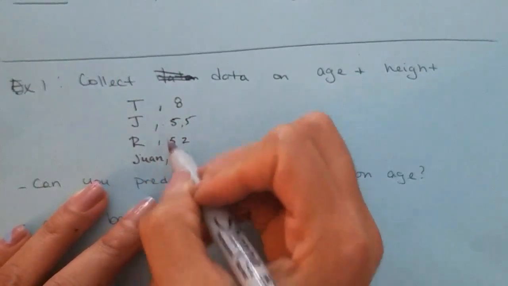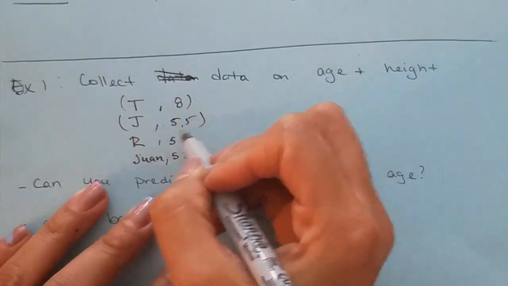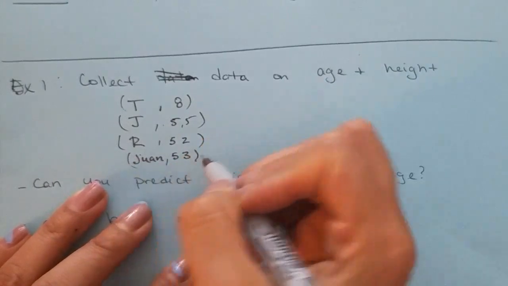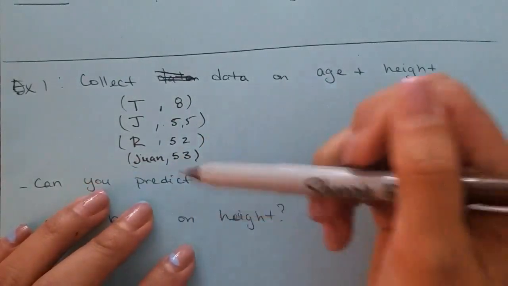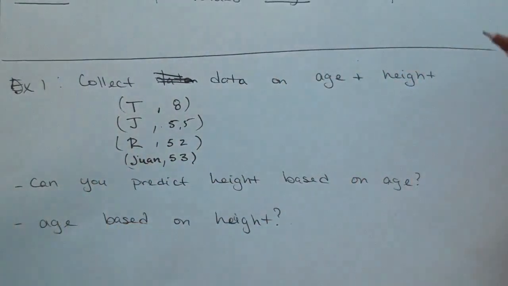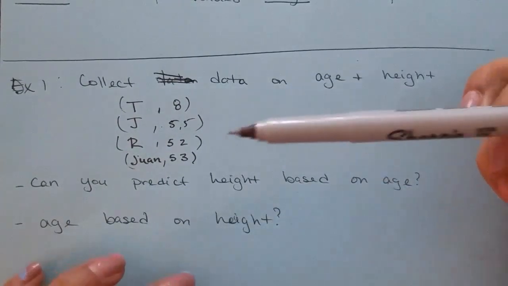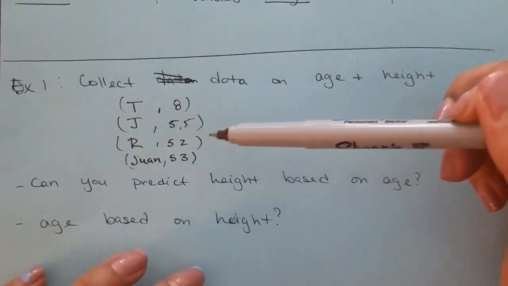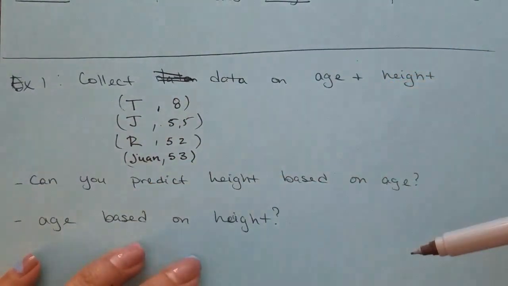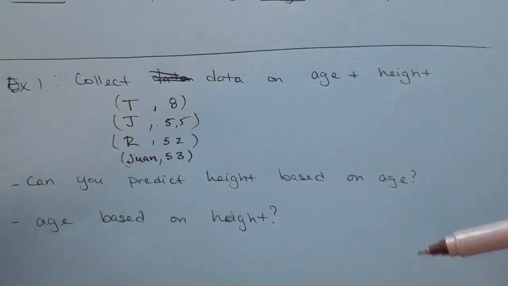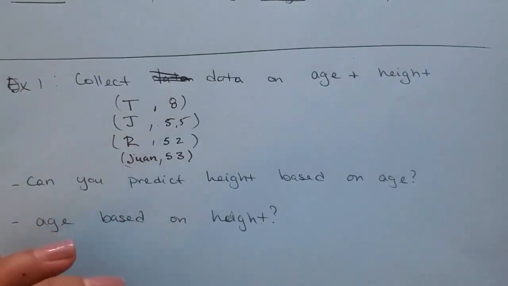Okay, so we have all this information here. We can make these ordered pairs here because they correspond to one another. Now, when you have information, in order to determine whether it's a relation or a function, you need to see what information you can pull from the comparison of that data. So, based off of a list of people and their heights, would we be able to predict someone's height based off of their age?